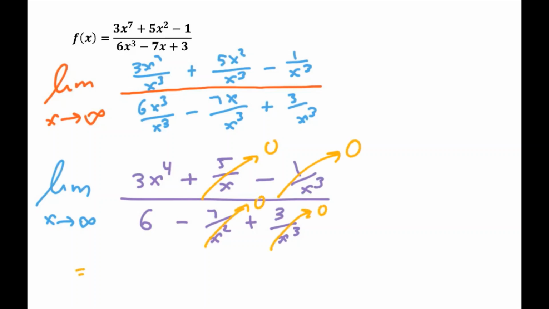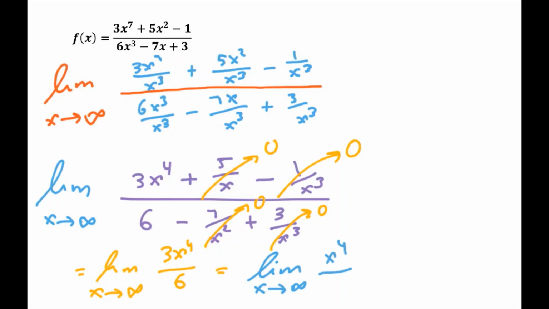The last thing will be the limit as x approaches infinity of 3x^4 over 6. That's going to be the limit as x approaches infinity of x^4 over 2. Well, if you substitute by infinity, infinity to the power of 4 is infinity.